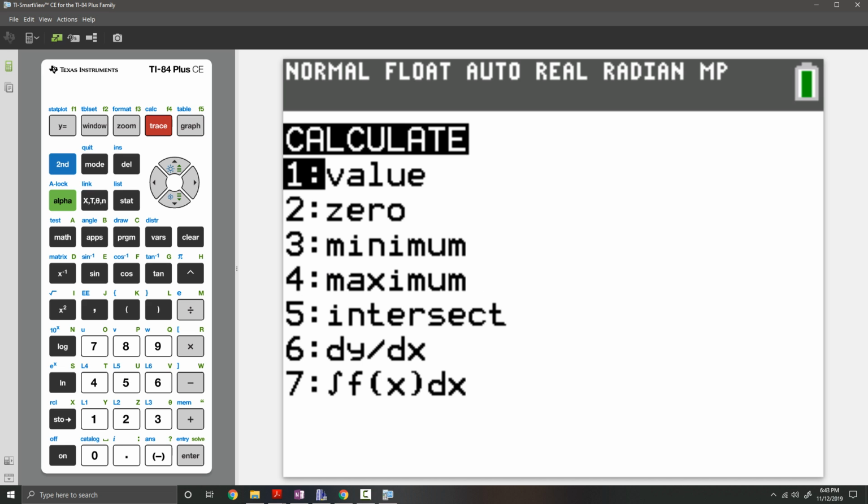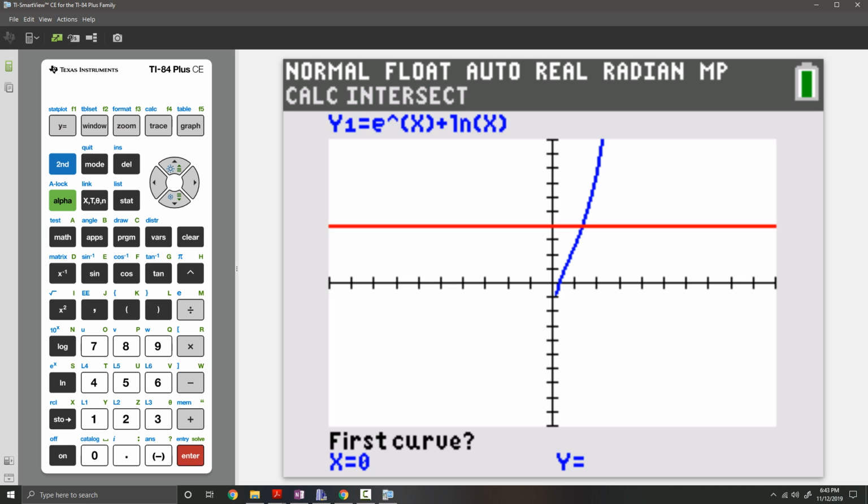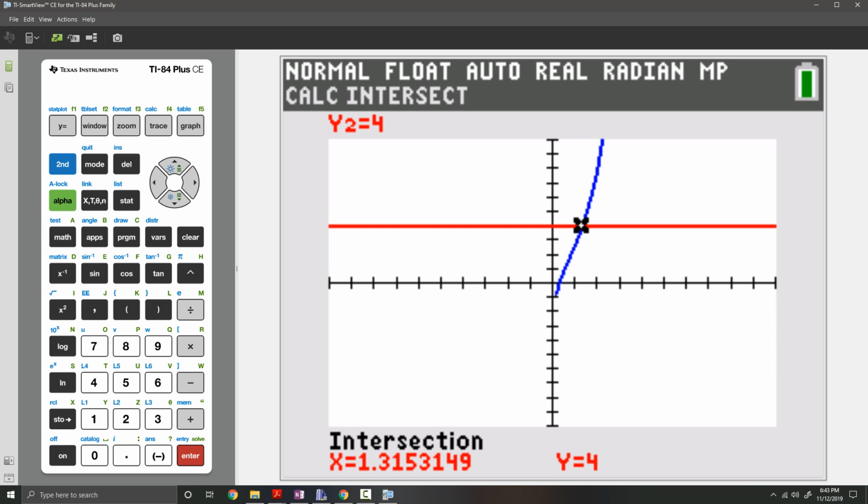So second calc intersect, and then we're going to guess on the first curve where the intersection is, so try to get close, and then on the second curve, and then guess again, and then there's the x-coordinate, right? So again, just the x value is the solution, the 1.315. That's the solution for that equation.